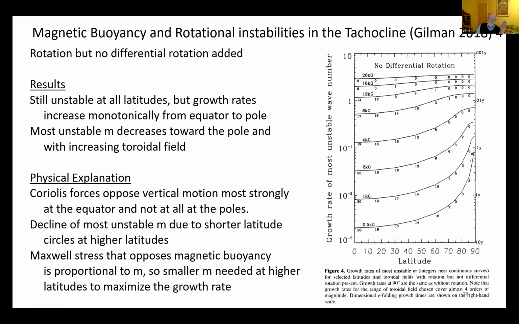The physical explanation is the Coriolis forces are opposing the vertical motion most strongly at the equator and not at the poles. The decline of the most unstable M is just due to the shorter latitude surface. The Maxwell stresses that oppose magnetic buoyancy are proportional to M. So you need a smaller M at high latitudes to maximize the growth rate.